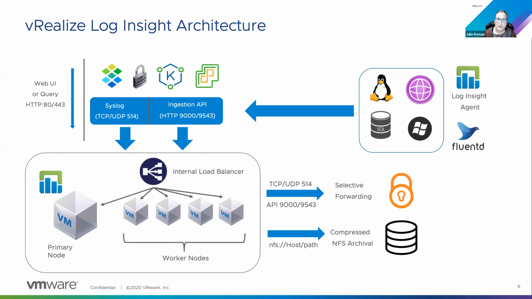We have a lot of customers that need security and incident logs, so if they need a SIM server for management and auditing, you can selectively forward your logs from Log Insight so that you're not sending all of the non-security related events, thus hopefully saving you some money on the SIM side, since those services tend to be a bit more expensive. And then we also support NFS archival. So if you need long-term archival for your logs, you can export those logs, and then if you need to search a specific time frame, you can re-import those into the platform.